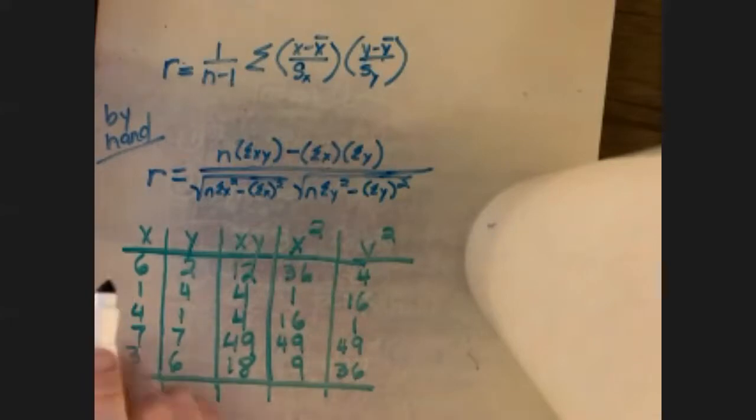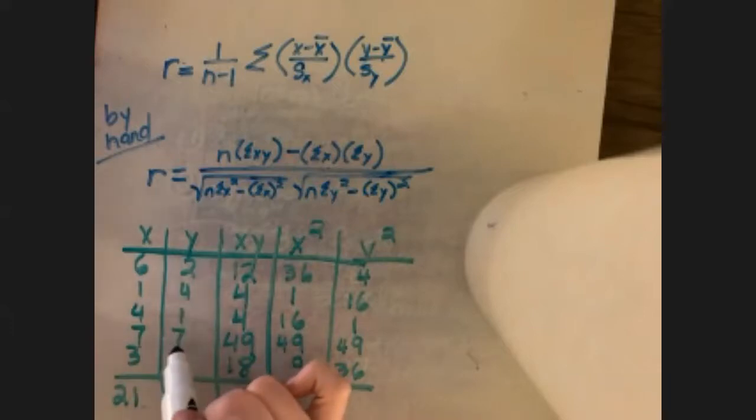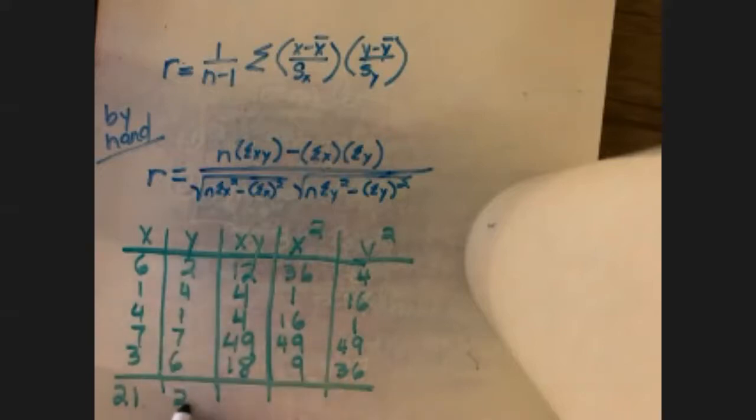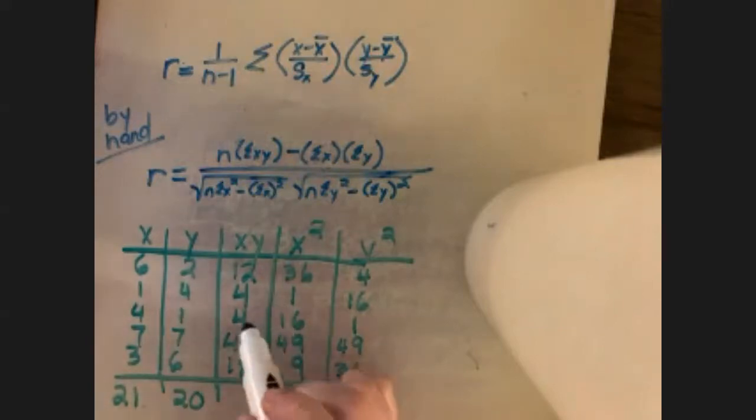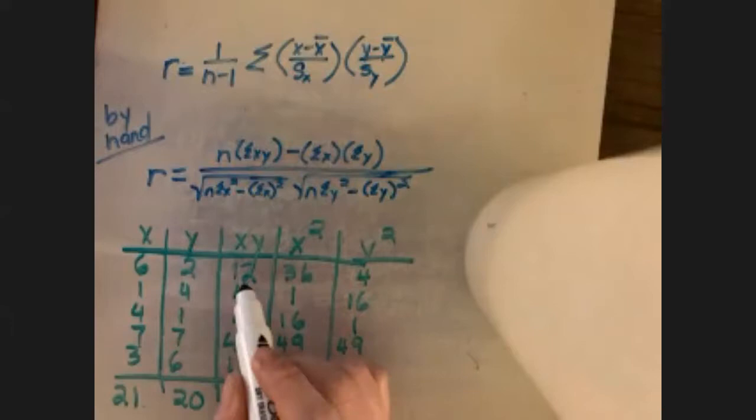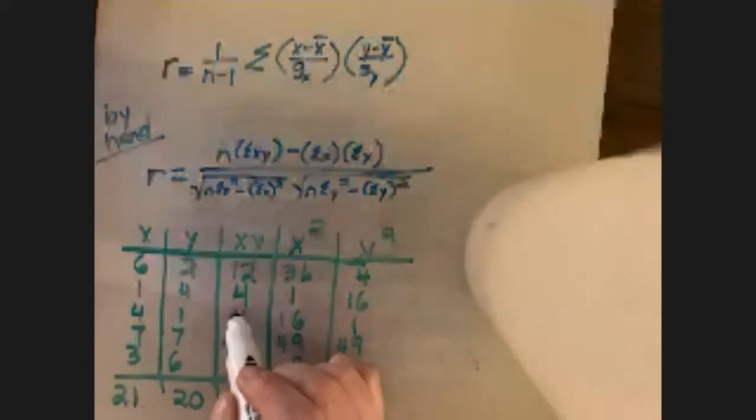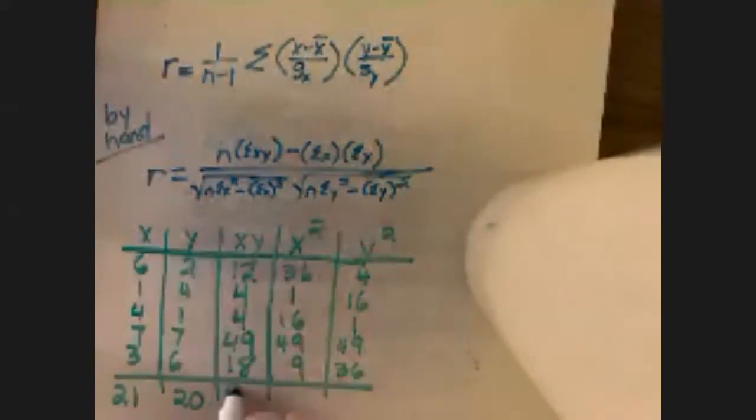So that's going to be 10, 20, 21. Let's see, 7, 8, 10, 20. Let's see, 12 and 18 is 30, so that's 79, 83, 87.